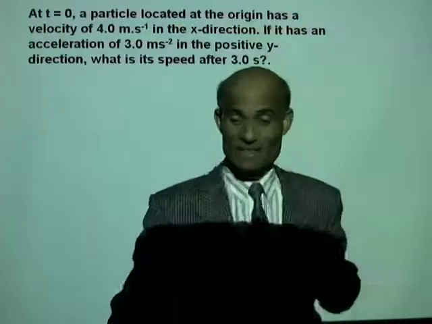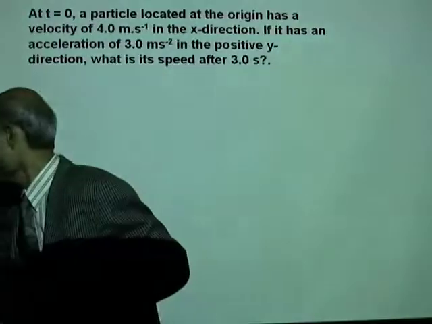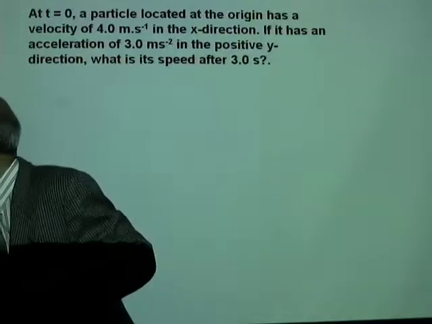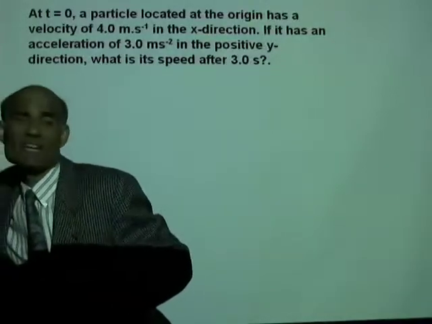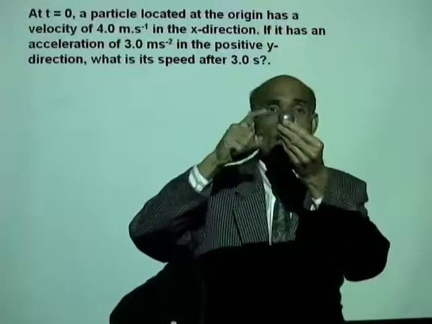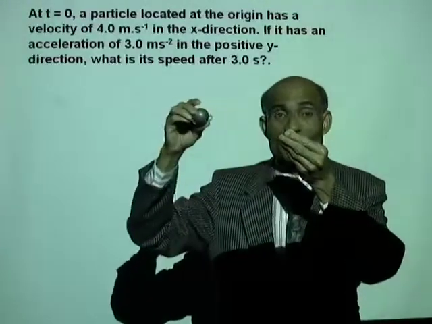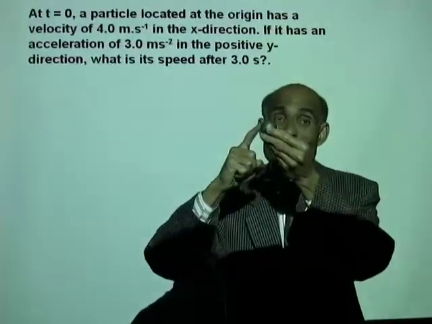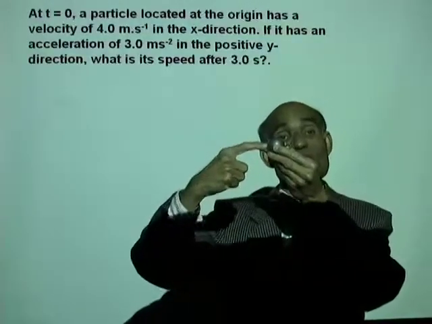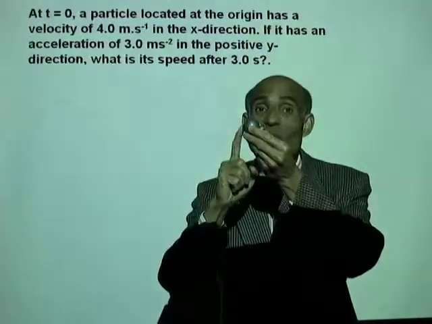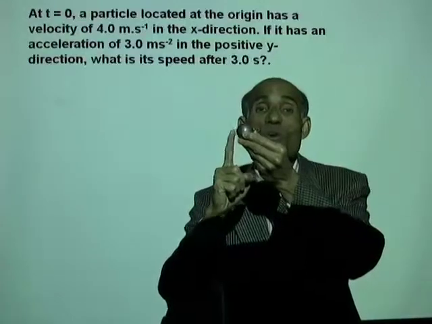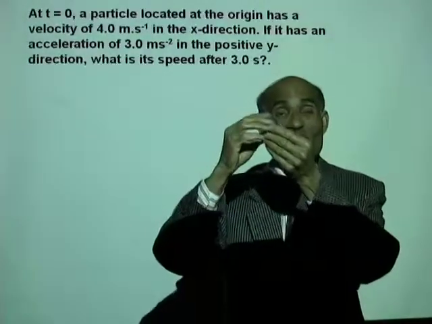You see that? So if the object is now at the origin, it has an x velocity, and now it also has an acceleration in the y direction. That means it will now begin to move in the y direction as well.